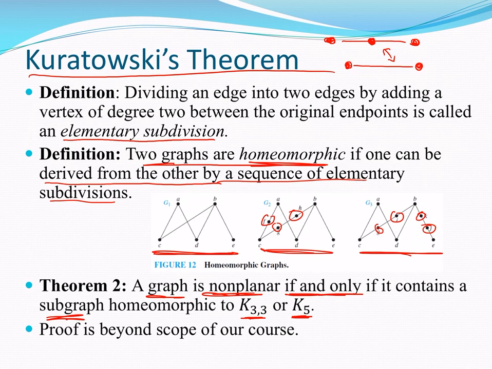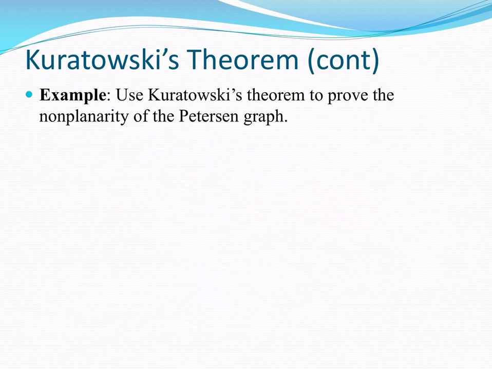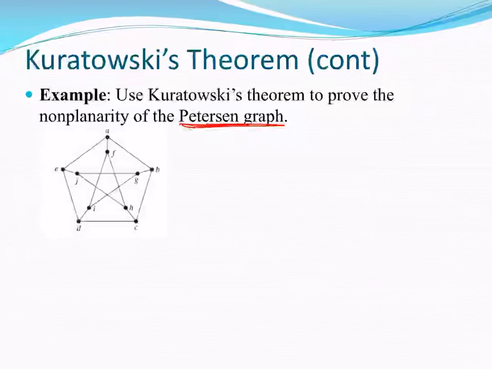Let's do an application of that. We have here a graph called Petersen's graph. It's a graph with 10 vertices, and every vertex has degree 3. And if I had to guess, looking at this graph, would K3,3 or K5 be the subgraph that shows that this is non-planar?